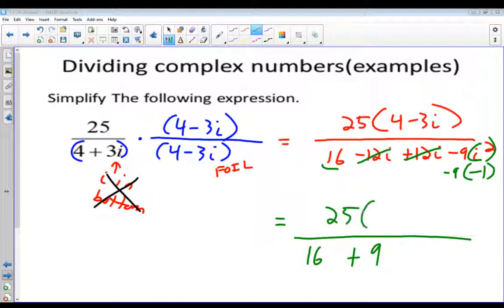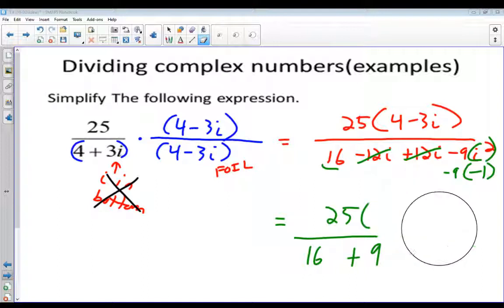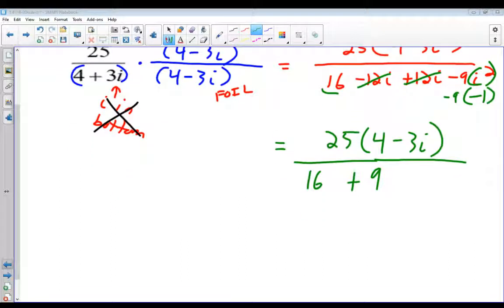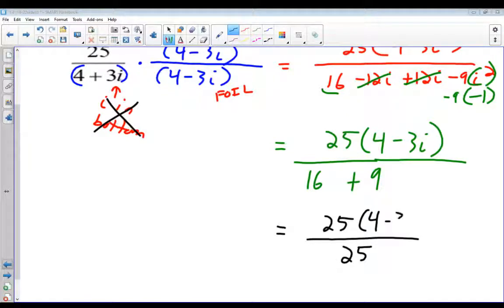And then on top, I still have 25 times 4 minus 3i. And then if you simplify the bottom, 16 plus 9 is 25. And on top, you got 25 times 4 minus 3i.